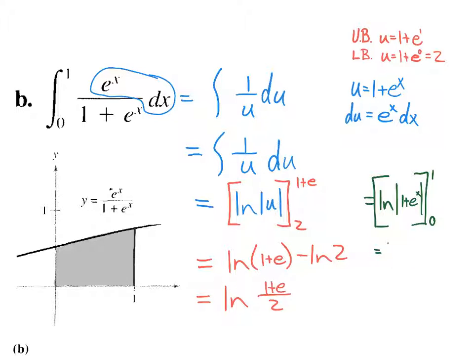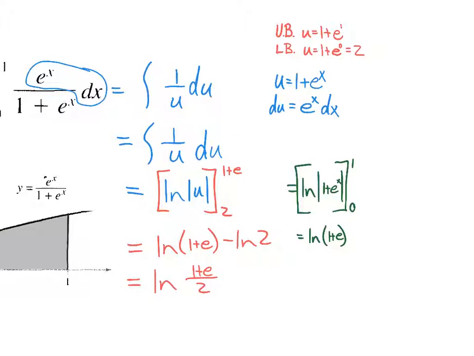Either way, here we'd have ln of 1 plus e minus ln of 1 plus e to the 0, which is the 2, so ln of 1 plus e minus ln of 2, and you would get the same answer here as well.